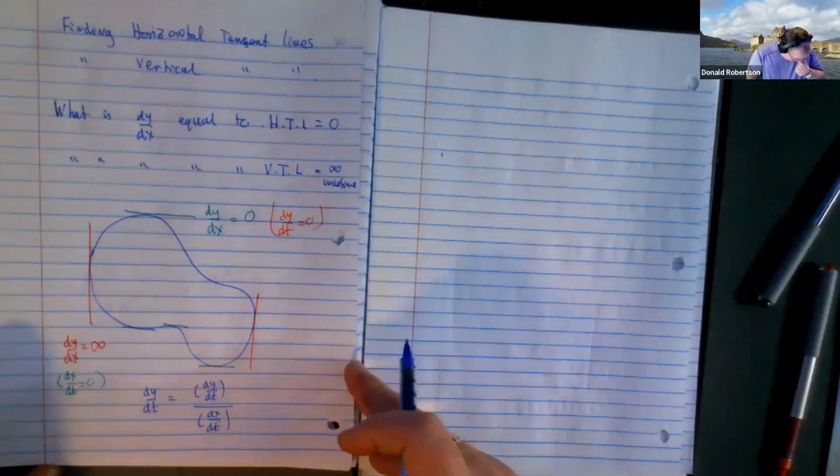Suppose I'm being asked to find the values of t where the curve has horizontal tangent lines, or where it has vertical ones. And I have, this is my x. This is my y.